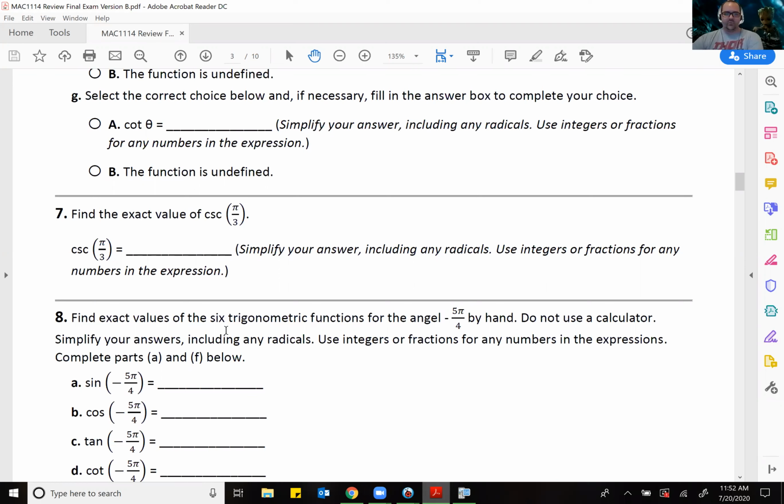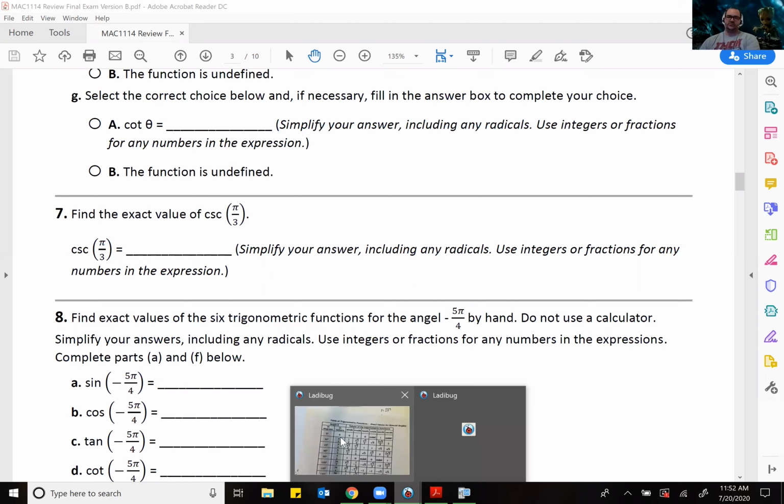So we want to know what is cosecant pi over 3. Okay. So for this one, remember, you all should know quadrant 1 of the unit circle. You should have that memorized. So let me show you what I've got here.